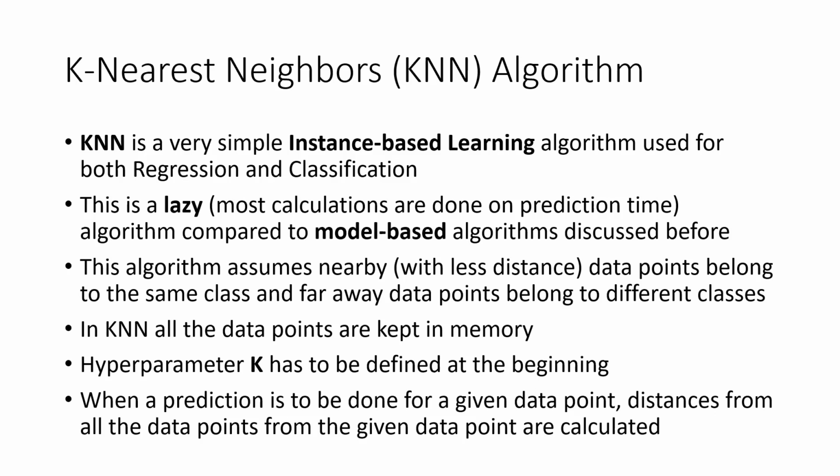The other algorithms like linear regression, decision trees, and all those things are known as model-based algorithms, where you have to build a model, train a model, and then using the model only you can make the predictions. But with k nearest neighbors, you don't have to make a model. You just keep the data points in the memory, and when you want to make a prediction, you do the calculations at the same time.